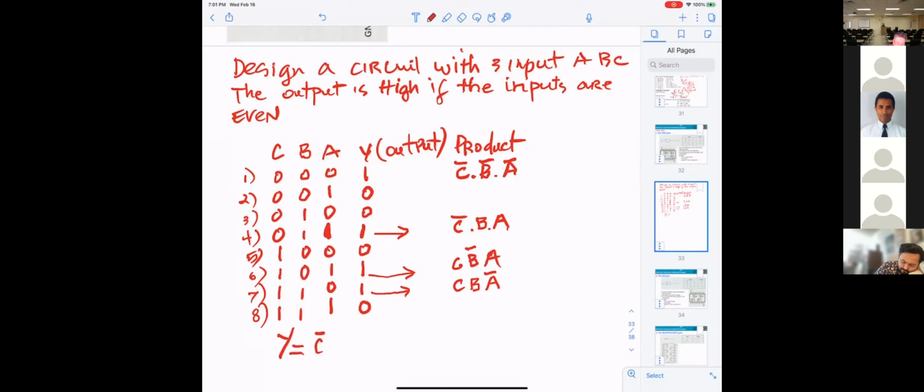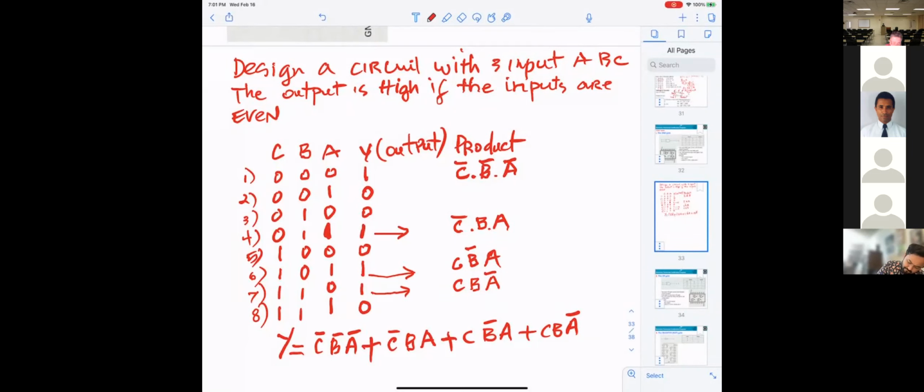That means the sum: C, not B, not A, adding not C, B, A, adding C, not B, A, and adding C, B, not A. Oh, Mr. Pham, so you only did the ones that had the output of 1. Right, okay, got you.